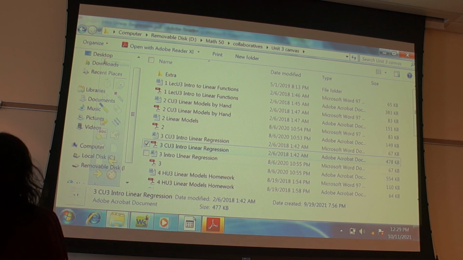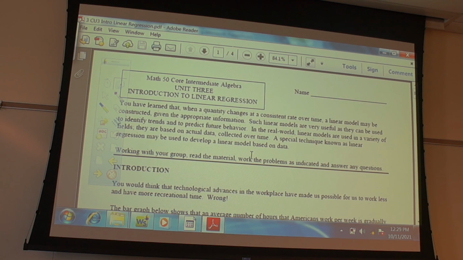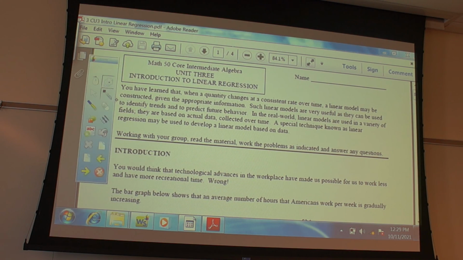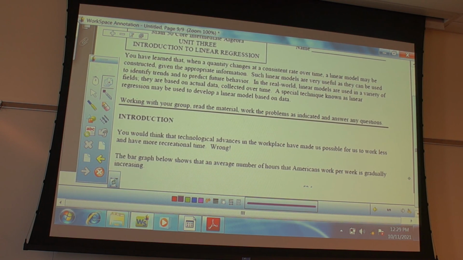Okay. So we're going to take a look at linear regression, which is our next one. This one here. Alex, go ahead and read for me.